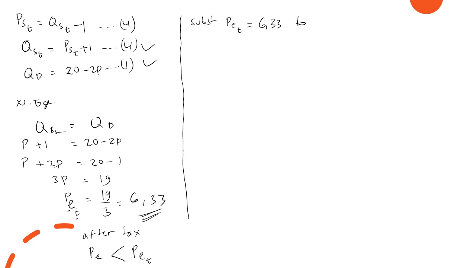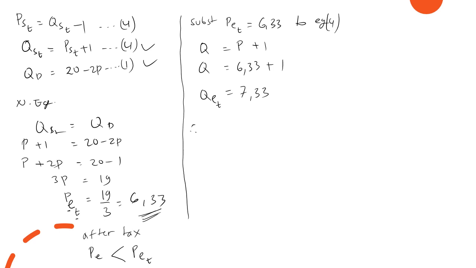So which one is easier? Again, equation 4: Q equals P plus 1. Substitute P as 6.33, plus 6.33 then add 1. So this is the new equilibrium with tax.